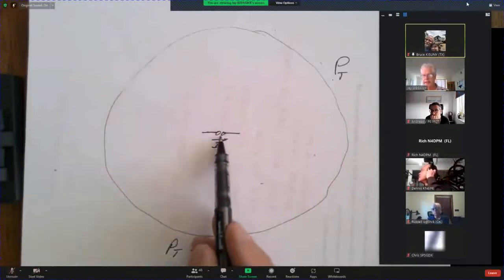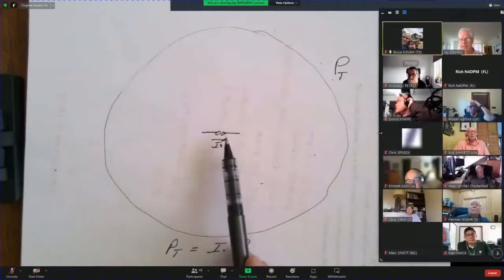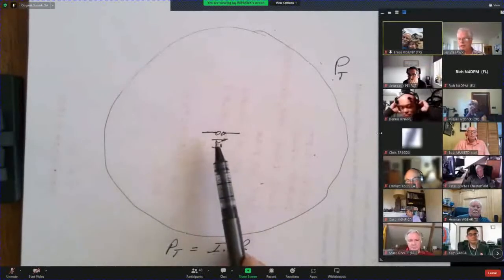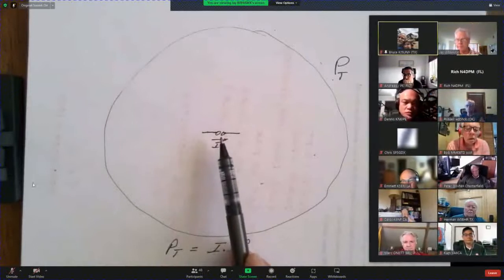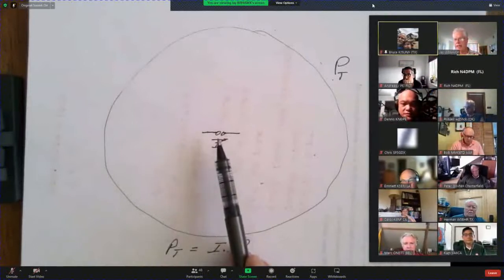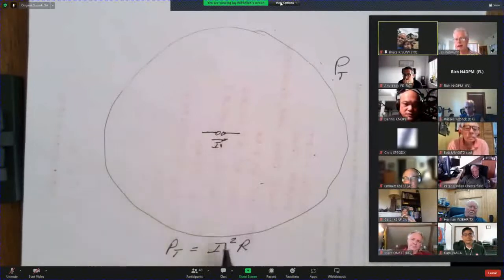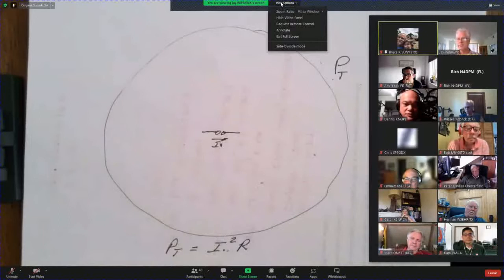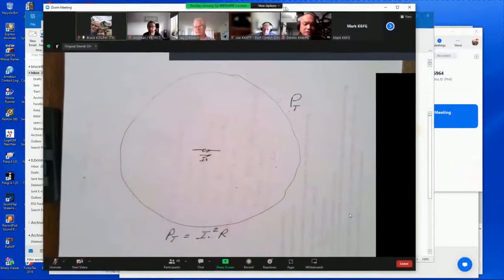That's what this is acting like. It's a resistance because it can be modeled that way. I am putting current into it and it requires power. That power flows out, never to return. And this can be modeled as a resistor. So this antenna is acting like a resistor.